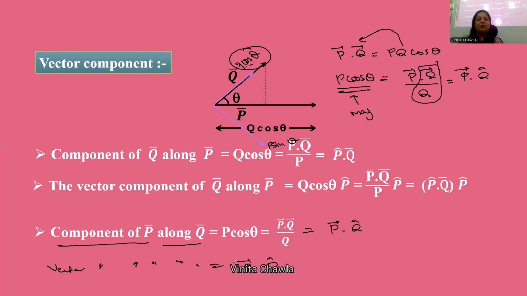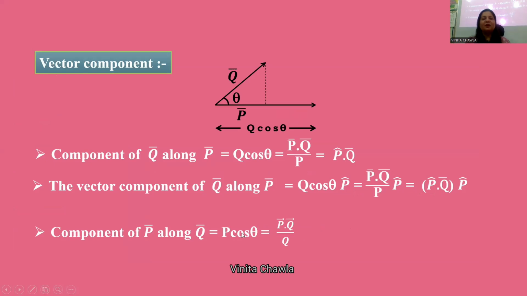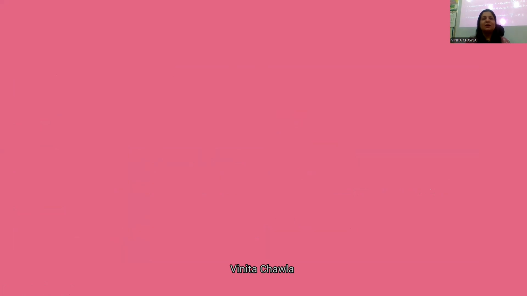So this is the dot product and now we will write q cap. Q cap gives the direction and this is the component of p along q, it's p cos theta or vector p dot q cap. Clear? Any doubt? Component of p along vector q is p cos theta, it's vector p, ये आ गया आपका, इसके बाद आपका ये आ जाएगा, vector p dot q cap. This we had discussed, and similarly we can find the vector component of p along q. It's this.